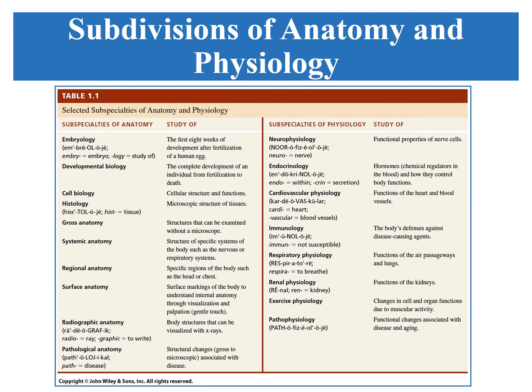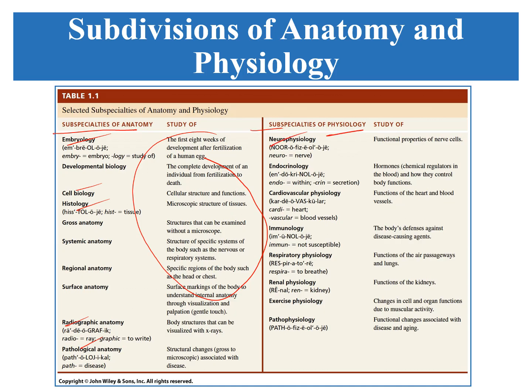This table further summarizes some subspecialties, disciplines, or subdivisions of both anatomy and physiology. On this side you have the subspecialties of anatomy, embryology, cell biology, histology, and so on, including pathological anatomy and radiographic anatomy. Their descriptions are shown on the right side of each. Just like anatomy, physiology also has subdivisions.